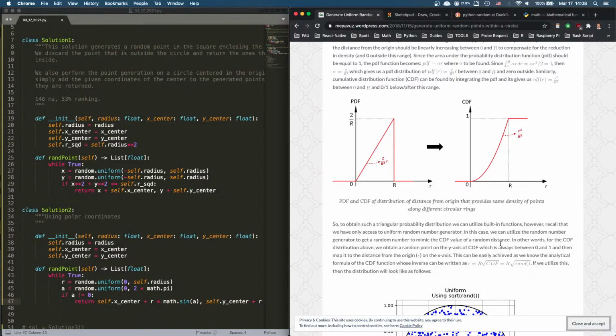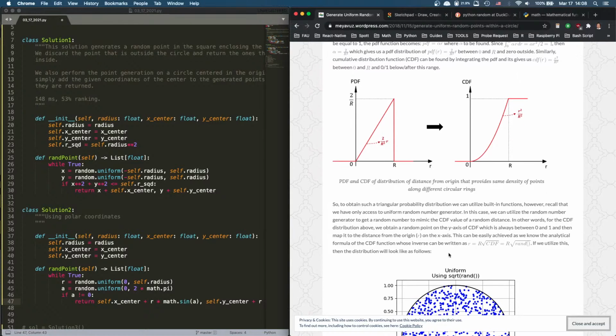In other words, for the CDF, we obtain a random point on the y-axis of the CDF, which is always between 0 and 1, and then map it to the distance from the origin on the x-axis. This can be easily achieved as we know the analytical formula. So R equals the inverse CDF of this random.